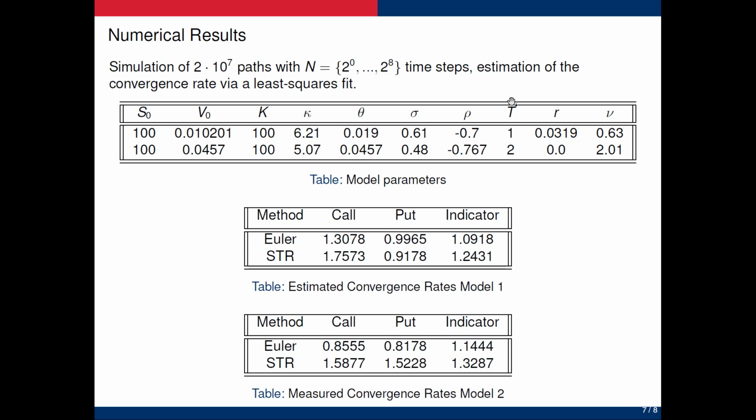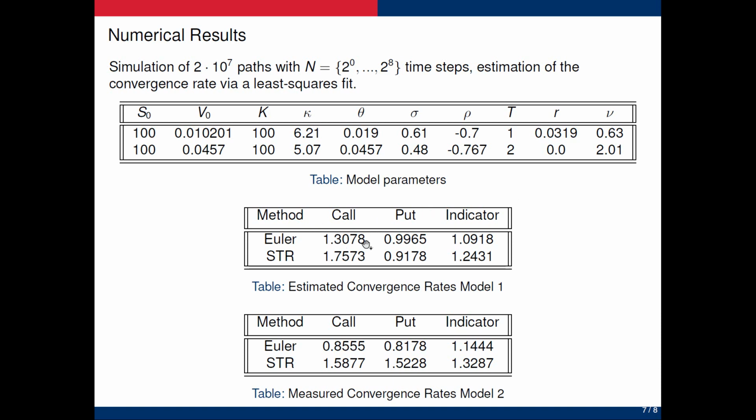Here you can see the model parameters. You can see that the first model has a Feller index of 0.63, and the second model has a Feller index of 2.01. For the first model, we estimated the weak error order to be around 1 for the Euler method, and even a little bit higher for the call.